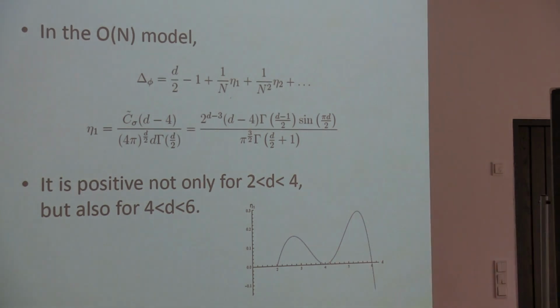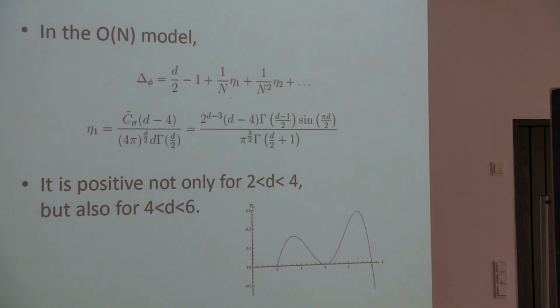I should say that this contradicts what people in some sense say in all the textbooks, because in all the textbooks they say that already the theory in 4 dimensions is trivial, and above 4 dimensions there cannot be an honest fixed point. I will explain why what we're saying is probably not in contradiction with these rigorous results.